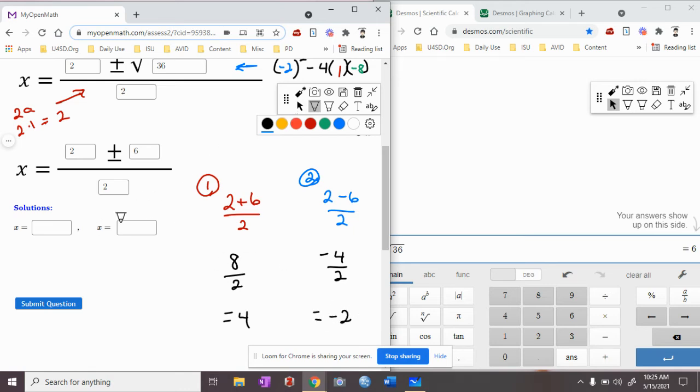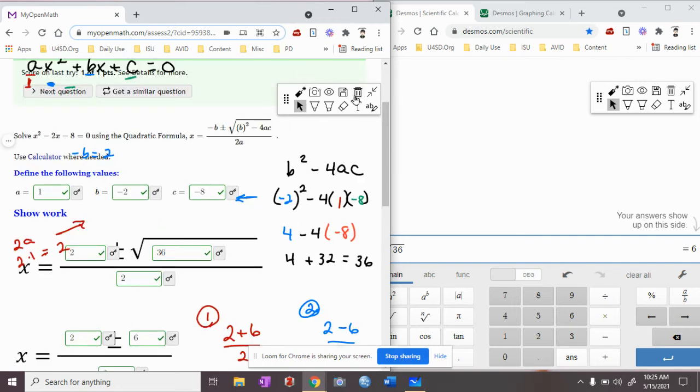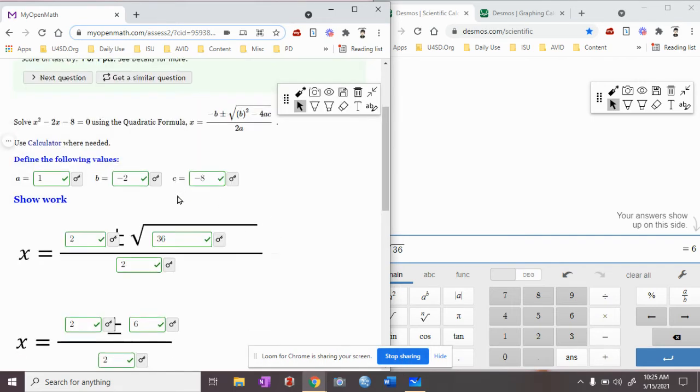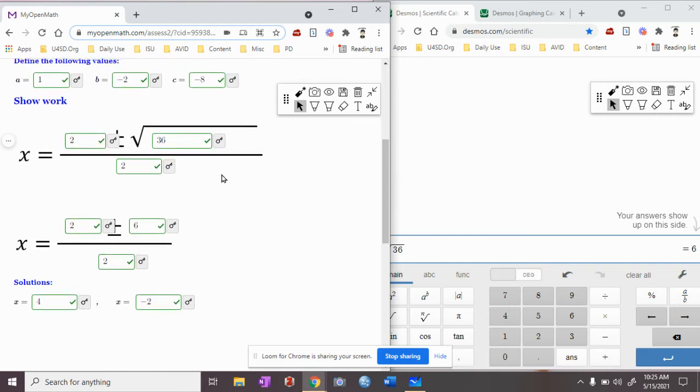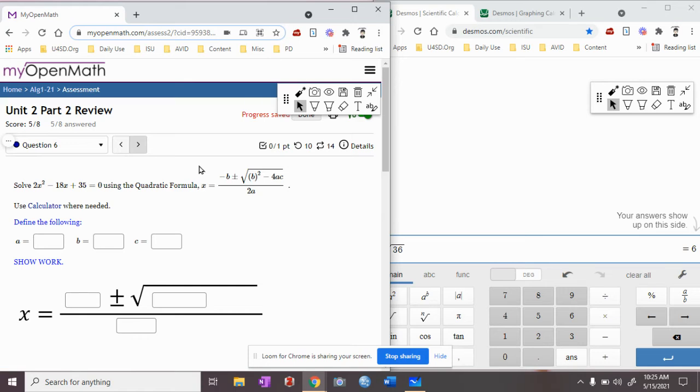So my 2 solutions are 4 and -2. Okay, there we go. So break down the pieces step by step, you'll be fine.